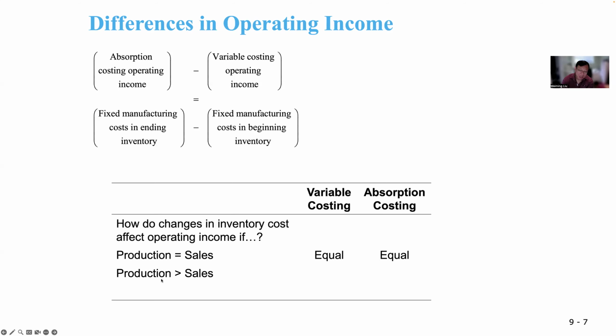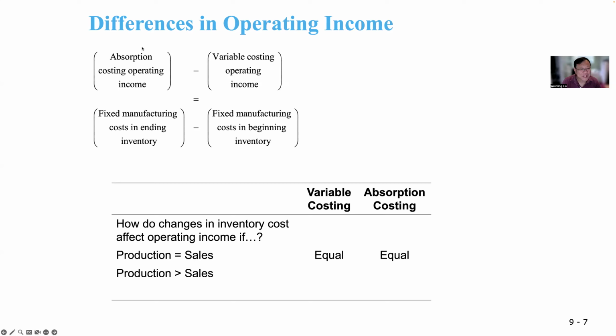Now, what about production is greater than sales? So if production is greater than sales, right? So that means you didn't sell everything you produced. So whatever is unsold, that's building up the ending inventory. So your ending inventory would be higher than the beginning inventory. So the first number is greater than the second number.